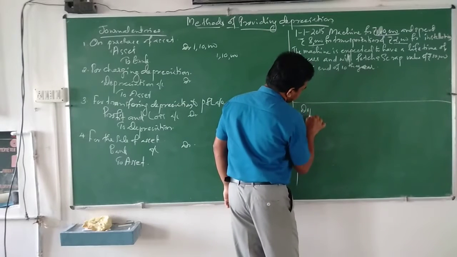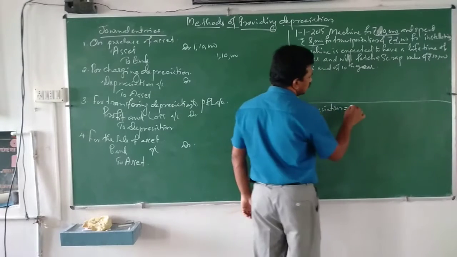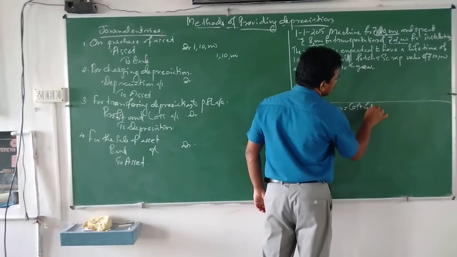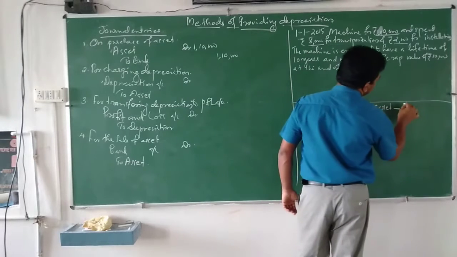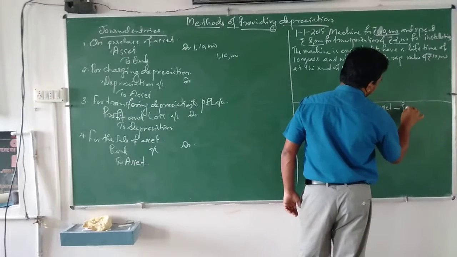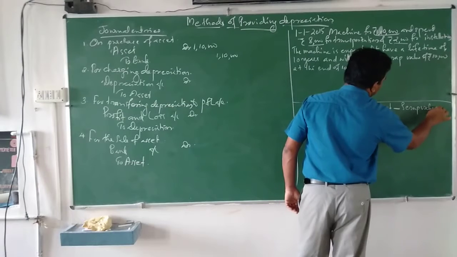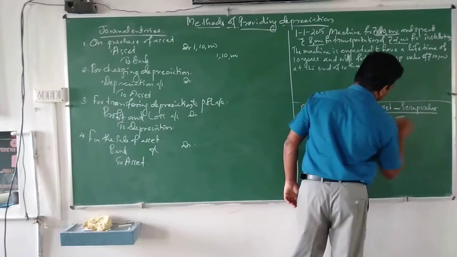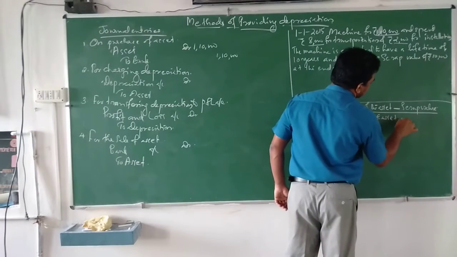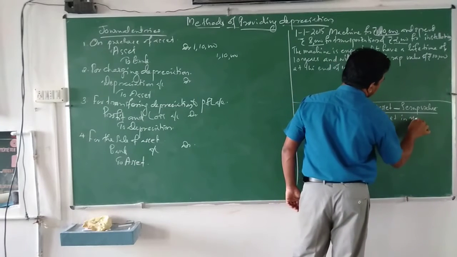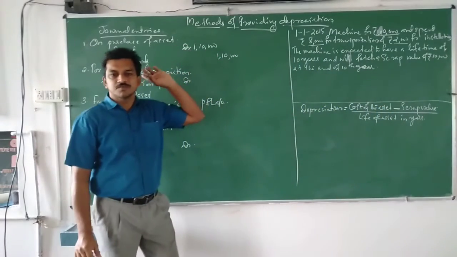Depreciation is equal to cost of the asset minus scrap value or residual value, divided by life of asset in years. So this equation we have discussed in the last video also.